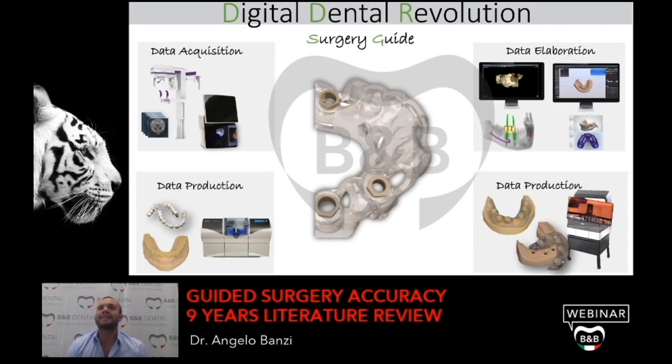Then when I decide the position of the implant, the technician can, with the CAD-CAM system, with the CAD in this case, design the radiological template and the prosthesis. After the elaboration, it comes the production. A 3D printer is going to print the surgical template and the plastic model, the copy of the maxillary of the patient.